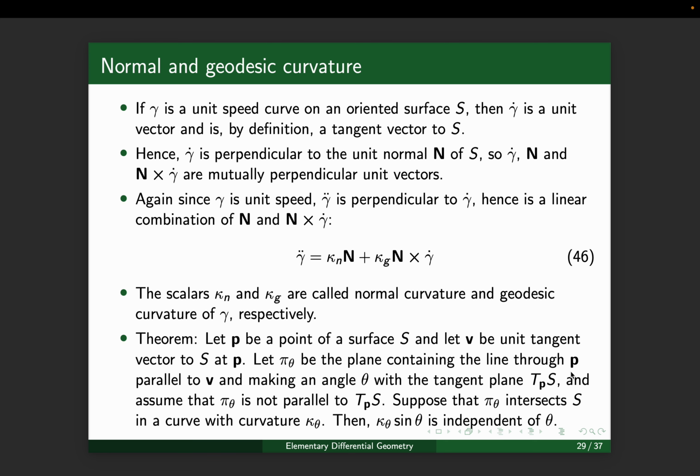Assume that pi theta is not parallel to the tangent plane. Suppose that pi theta intersects the surface along a curve with the curvature k theta. Then k theta sin theta is independent of theta. This is the theorem.